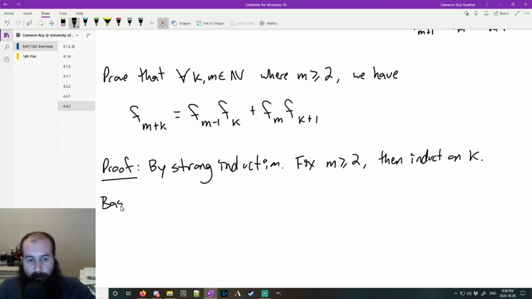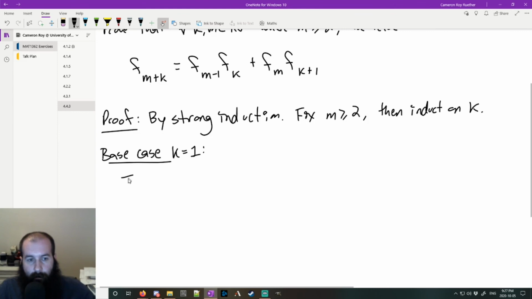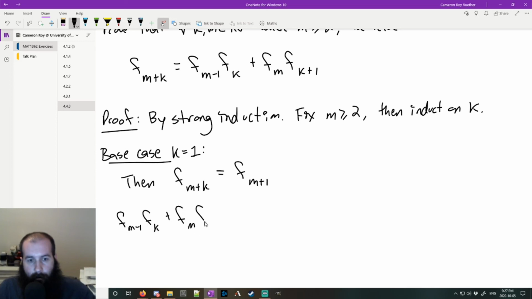So our base case is k equal to 1. At k equal to 1, the left-hand side is just f of m plus 1, and the right-hand side is, well, this is f of m minus 1 times f of 1 plus f of m times f of 2, but f of 1 and f of 2 are both 1 by definition.